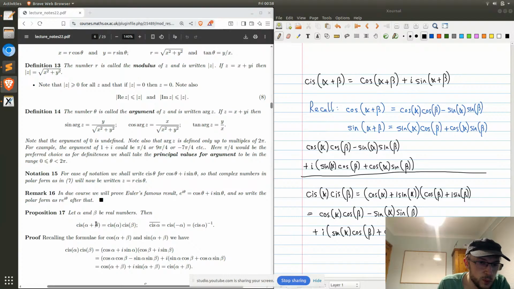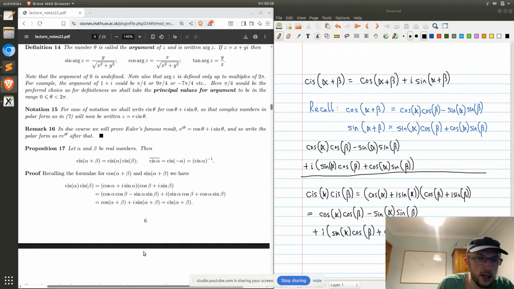And what they did was they went from the right side to the left side. And I appreciate that because doing it that way, I can recognize, when I group the real parts together and the imaginary parts together, that side of the formula. It feels more natural. Yeah.